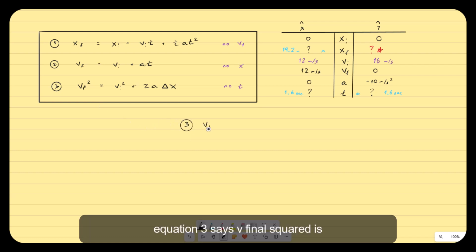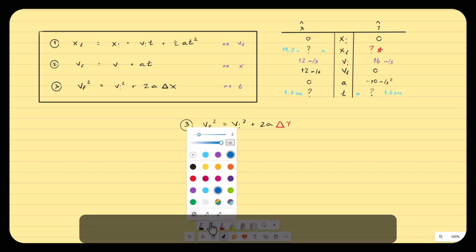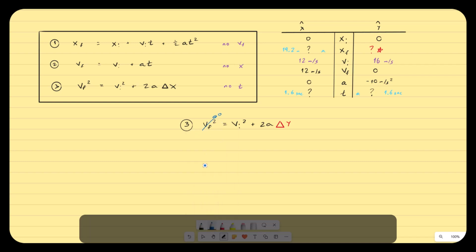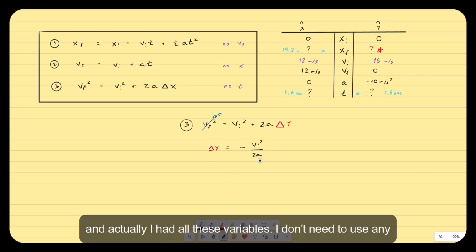Equation 3 says v final squared is v initial squared plus 2a delta y. I also know that thing is 0. So I can solve for delta y. And actually, I have all these variables. I don't need to use any of the x direction things. I started using just y because that was where the variable I was trying to solve for was. And I thought, man, it'd be nice if that just works. And it does.